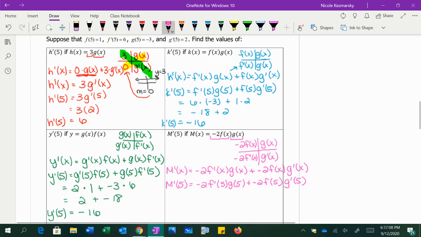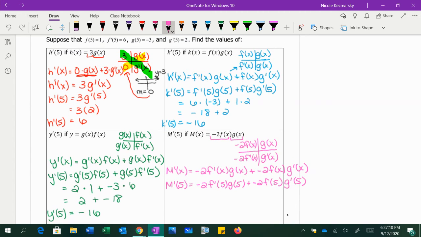And if we look back at our given information, then we have negative 2 f prime of 5 is 6, g of 5 is negative 3, plus, we're going to do negative 2, f of 5 is 1, g prime of 5 is 2.